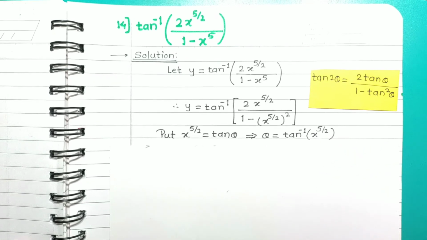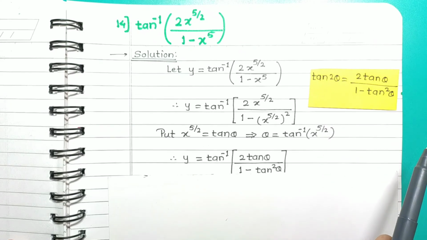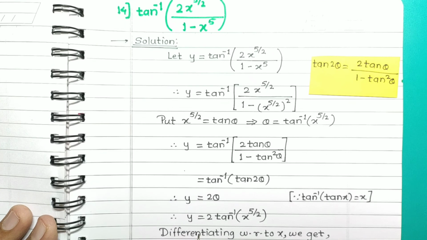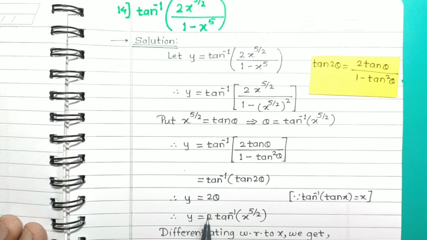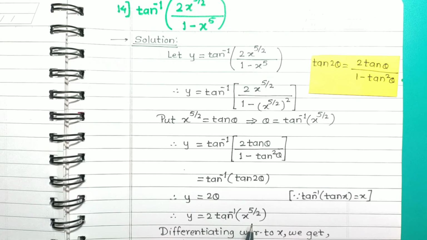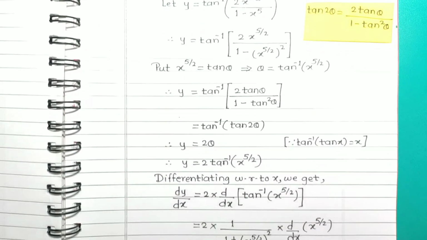So with this substitution and this formula, you can convert the function y to y is equal to 2 theta. Replacing this theta, we have 2 into tan inverse of x raised to 5 by 2. Here we are using the property tan inverse of tan x is equal to x. In this way you can simplify the given function, then you complete the differentiation process.